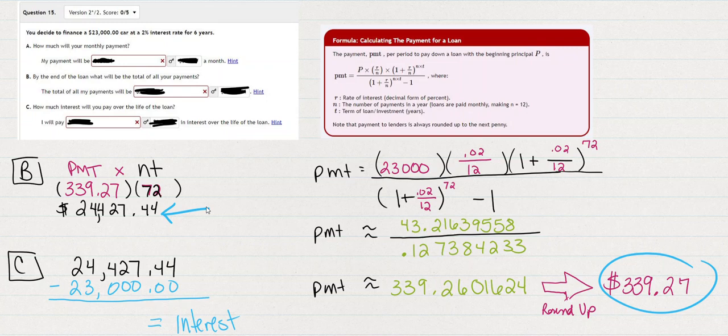And if you want to find out how much of that total was interest and fees, then we could subtract the principal, the $23,000, from that to get the total amount of interest paid.